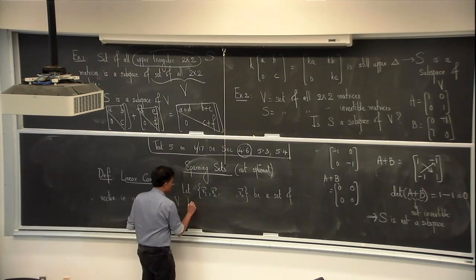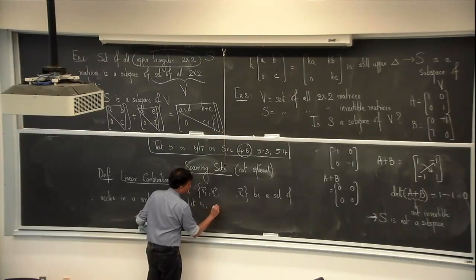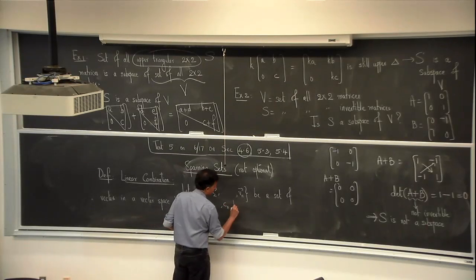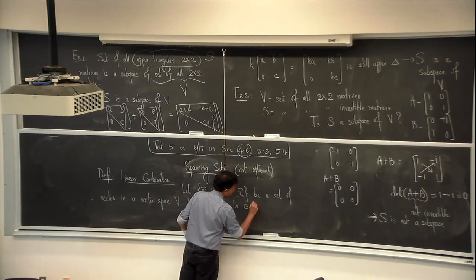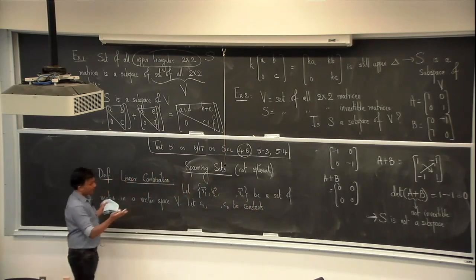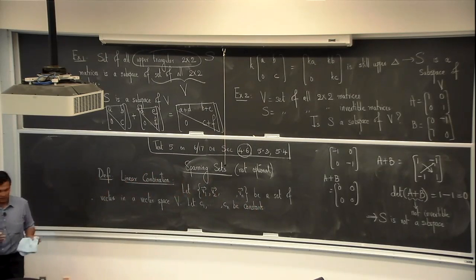And let c1, c2, c3, dot dot dot cn be constants or scalars. Some of them could be equal to 0. Okay, in the worst possible scenario, all of them could be equal to 0, in which case there is nothing interesting. Okay.